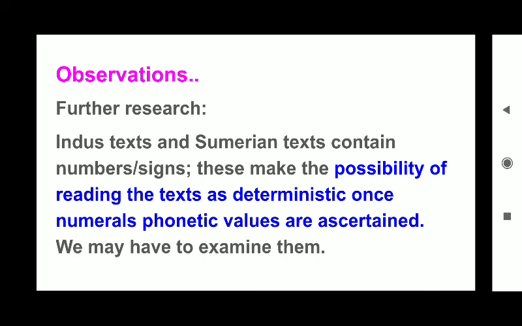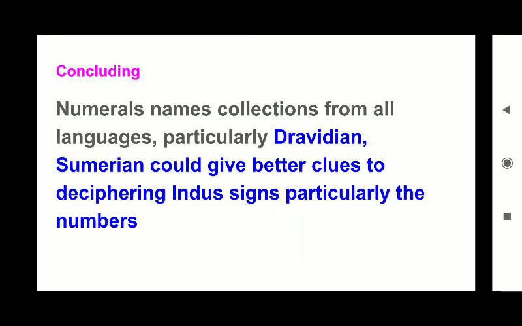So though Western scholars say that the Sumerian language is dead and nobody is speaking it, we find certain traces in the present form of Tamil. To conclude, numeral name collections from all languages, particularly Dravidian and Sumerian, could give better clues to deciphering Indus signs, particularly the numbers.